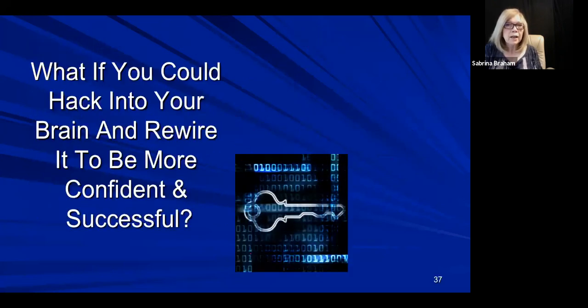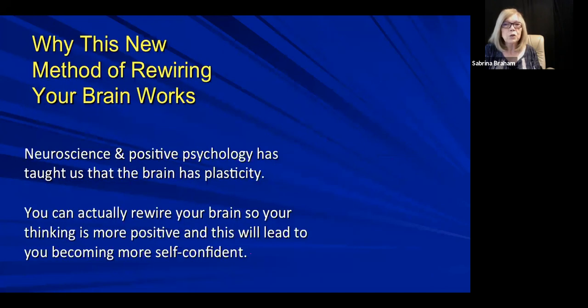So what if you could hack into your brain and rewire it to be more successful and confident? Well, the reality is that you can do that. What neuroscience tells us is your brain is plastic. And if any of you are thinking maybe other people's are, but maybe yours aren't, I want to really encourage you and let you know that, no, you can change your brain too.